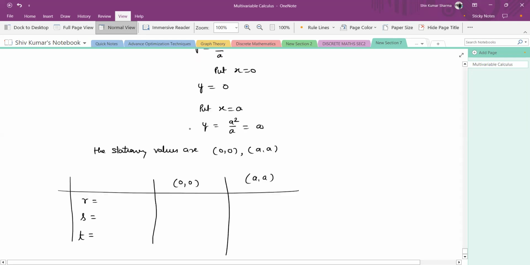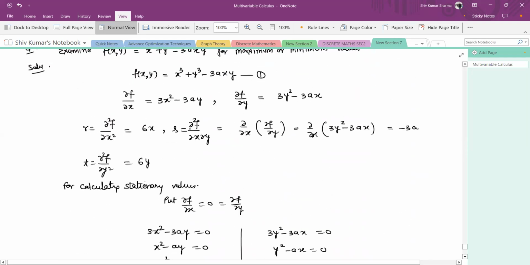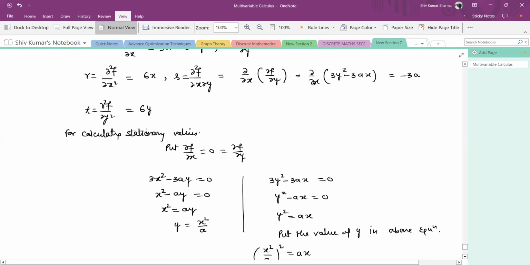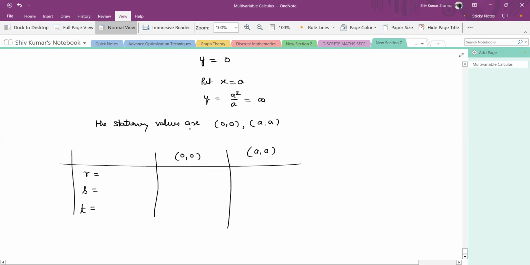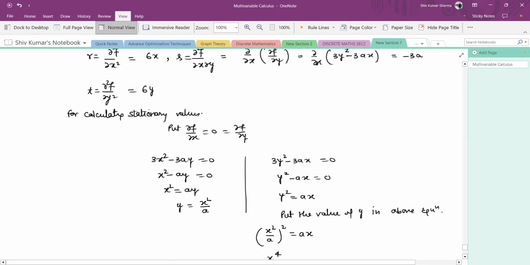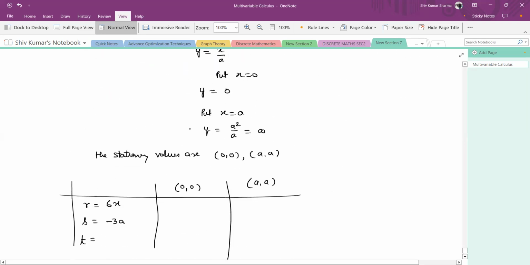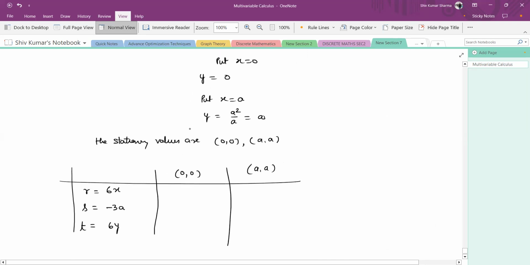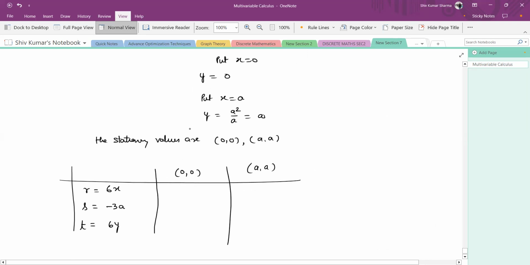The value of r is 6x, the value of s is minus 3a, and t is 6y. Now we apply the first stationary point on the values of r, s, and t.